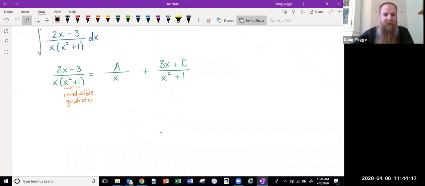We're going to do the same exact thing we did before. We want to get rid of the fractions to make this a little bit easier. So let's multiply the left side by x times x squared plus 1, and we'll multiply the right side by x times x squared plus 1.